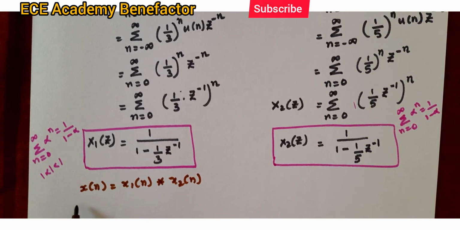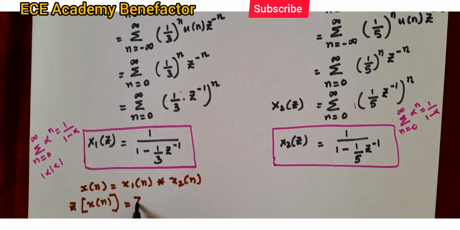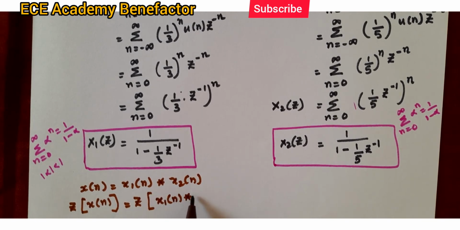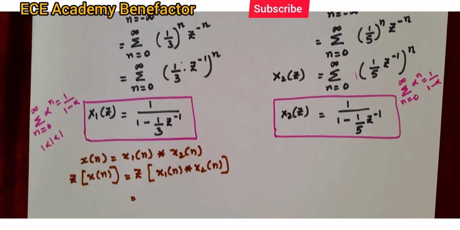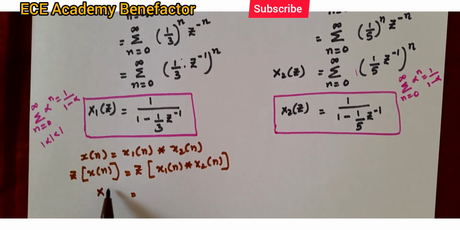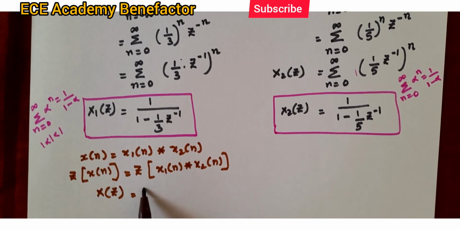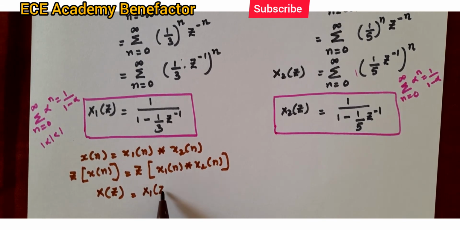On applying z transform to this convolution, x1 of n star x2 of n, we get z transform of x of n as capital X of z. The convolution property states x1 of z dot x2 of z.